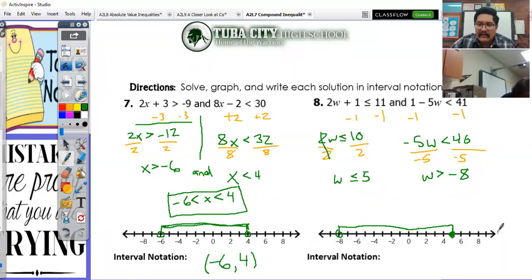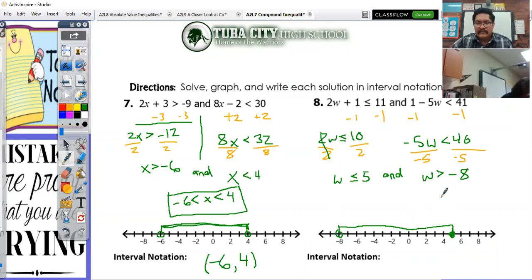Now you might be asking, well, what about something like, say, positive 8? Well, if I plug in positive 8 for W, that would make it false. But if I plug it into this one, 8 is greater than negative 8, that is true. But again, because of the AND statement, you need both of them to be true.